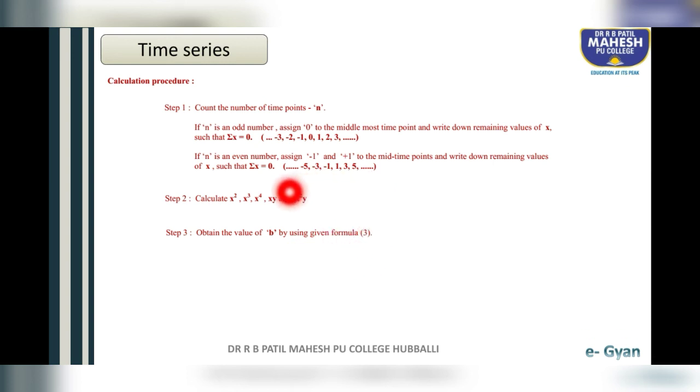By using the formula directly, we find the value of the constant b. After finding the b value, the fourth step is to solve the simultaneous equations 5 and 6 to obtain the values of a and c. In equations 5 and 6, just substitute the values and solve these simultaneous equations.